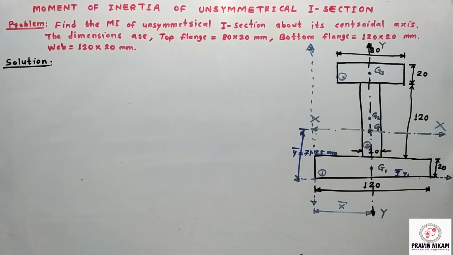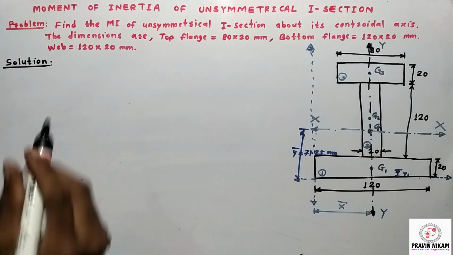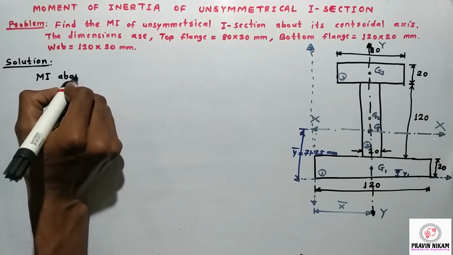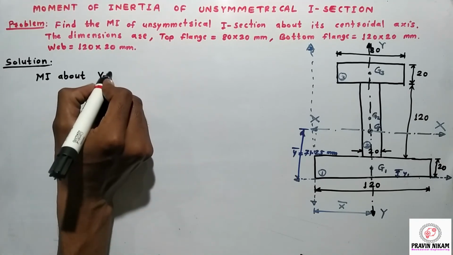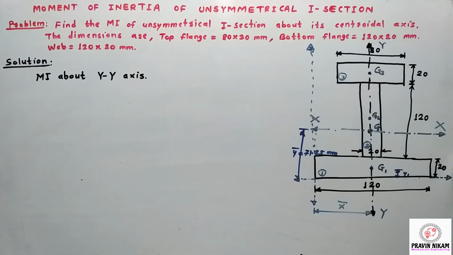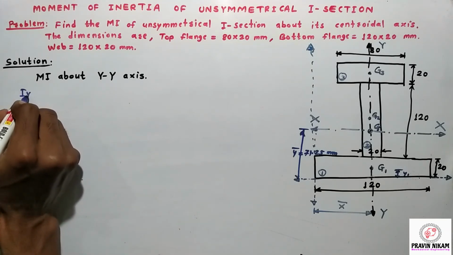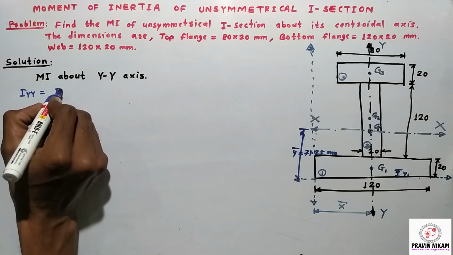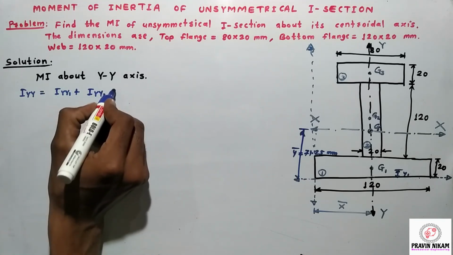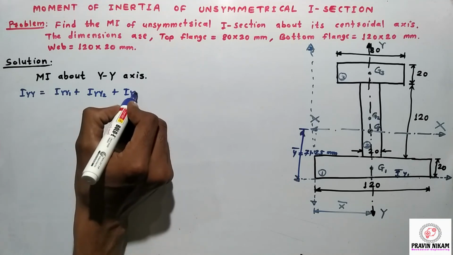Now see the moment of inertia about the y axis, that is nothing but Iyy. So Iyy is equal to Iyy1 plus Iyy2 plus Iyy3.